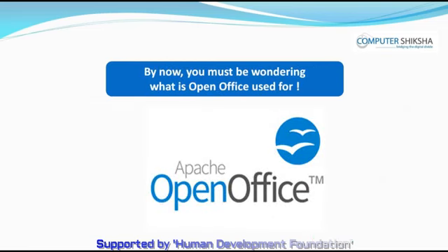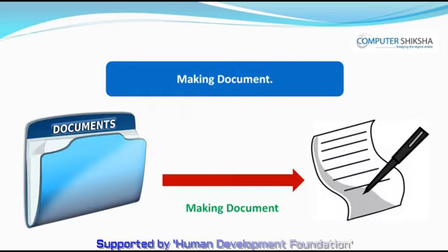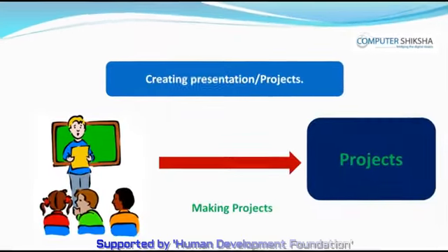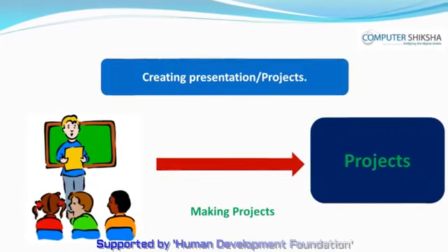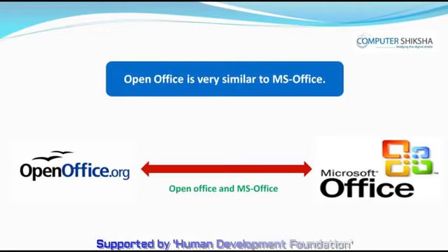By now, you must be wondering, what is OpenOffice used for? You can use OpenOffice for work that you are doing on your computer, for making things like documents, creating presentations, projects, maintaining data for school or office, etc. OpenOffice is very similar to MS Office.